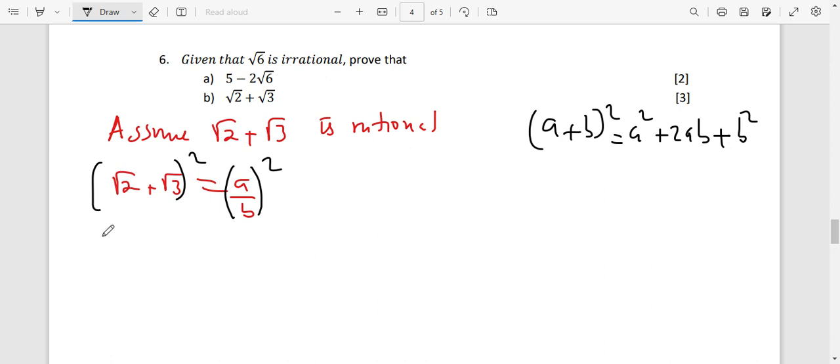So get square root of 2, square it, that will just give you a 2, and then get the power 2, you multiply by square root of 2, you multiply by square root of 3, that is going to give you 2 square root of 2 square root of 3, and then get the square root of 3, also square it, that will just give you 3, and that is going to be a squared over b squared. Are we okay here?